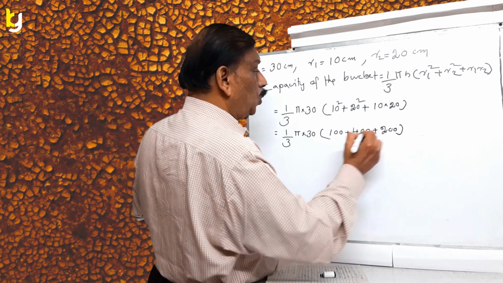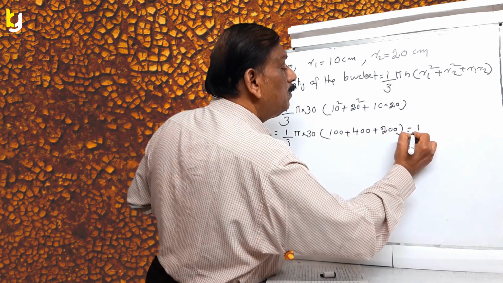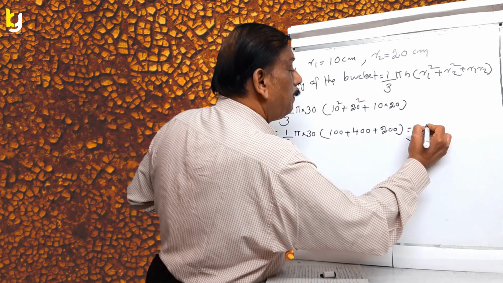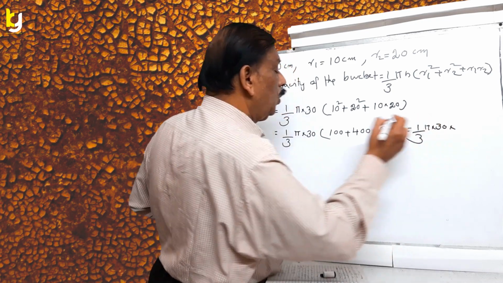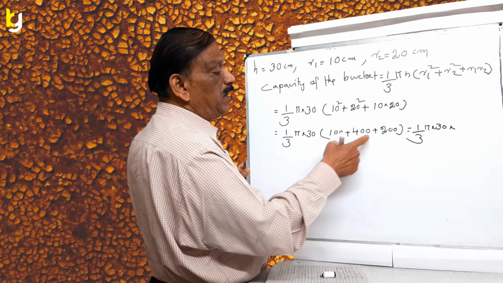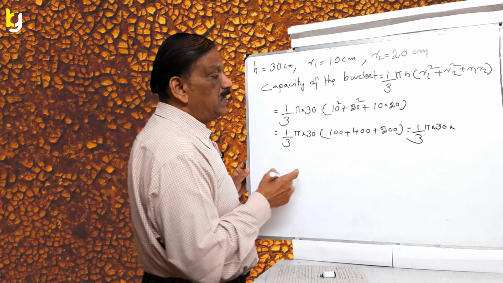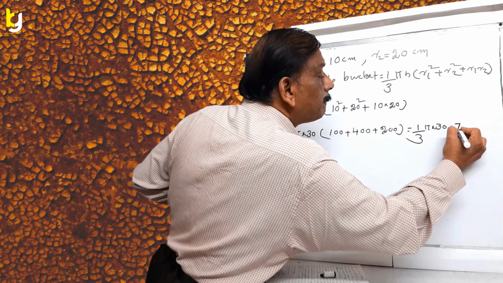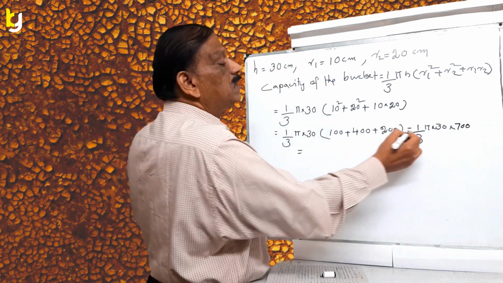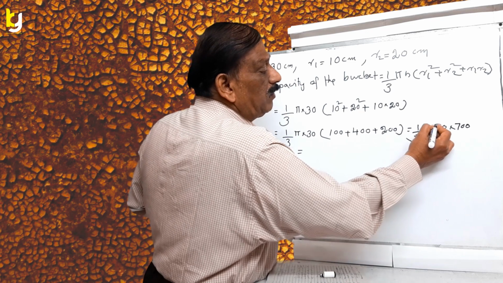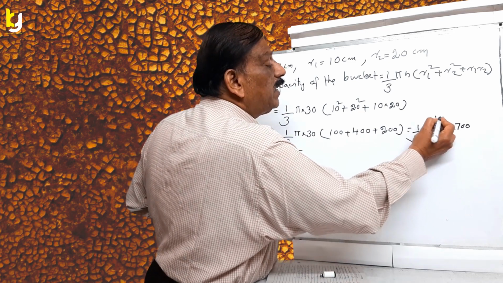That is equal to 1 by 3 pi into 30 into 100 plus 400 plus 200, that is equal to 700. 3 will go in 30 10 times.